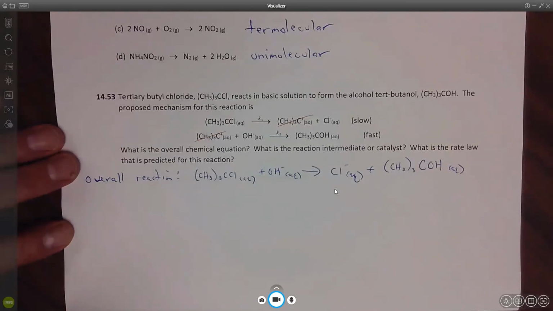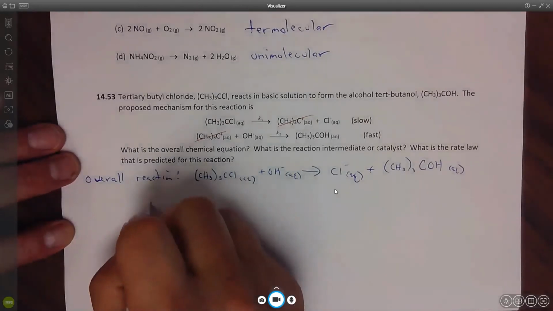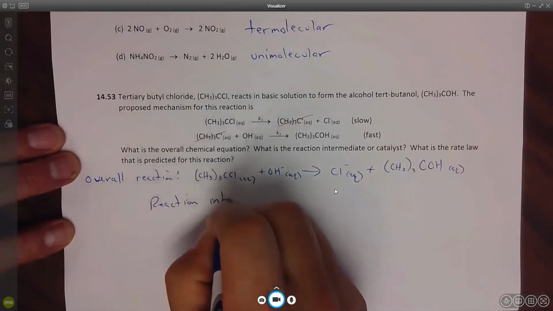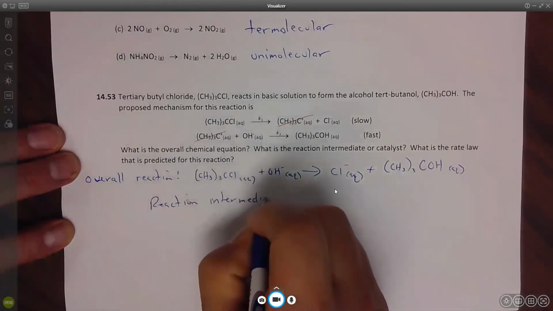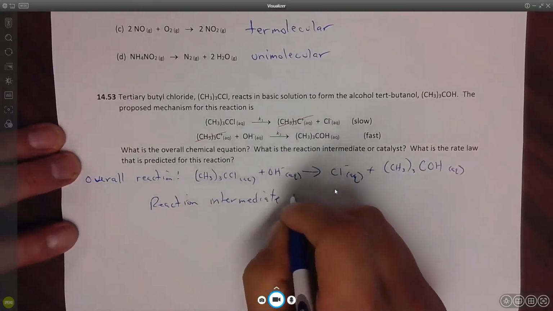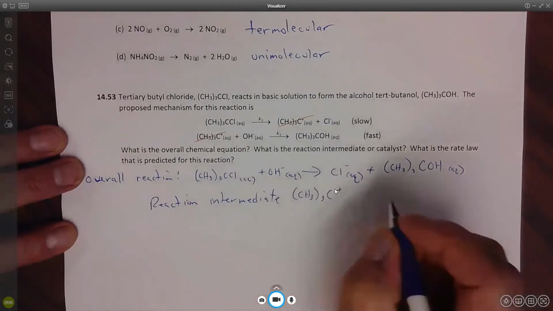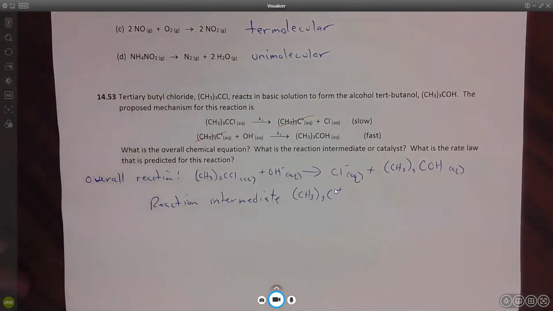As a reactant or a product? Product. So that makes it an intermediate. It's a reaction intermediate. And there are no catalysts.